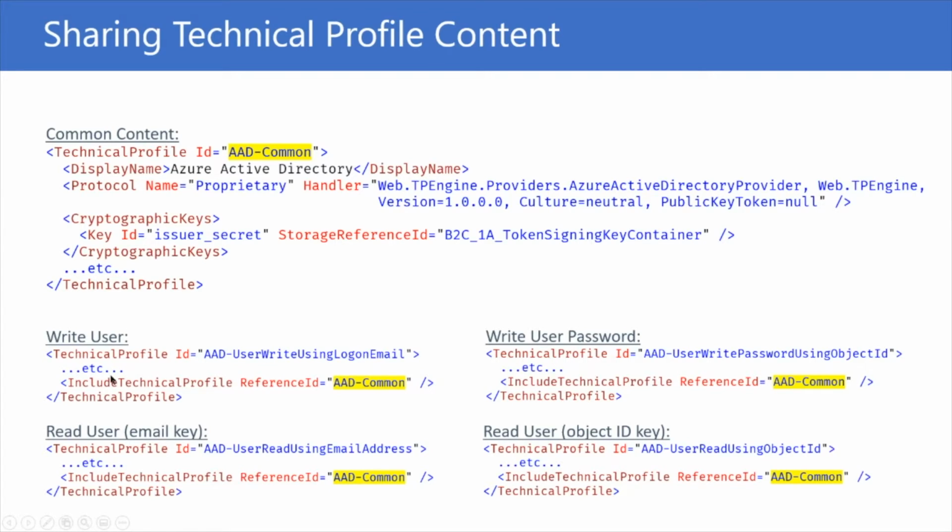So they may have their own individual functionality that's defined throughout the rest of the technical profile, but they also inherit all of the common values, including the display name, the protocol, and anything else that's defined up here in the common value. We'll see how that's really helpful here in just a moment.